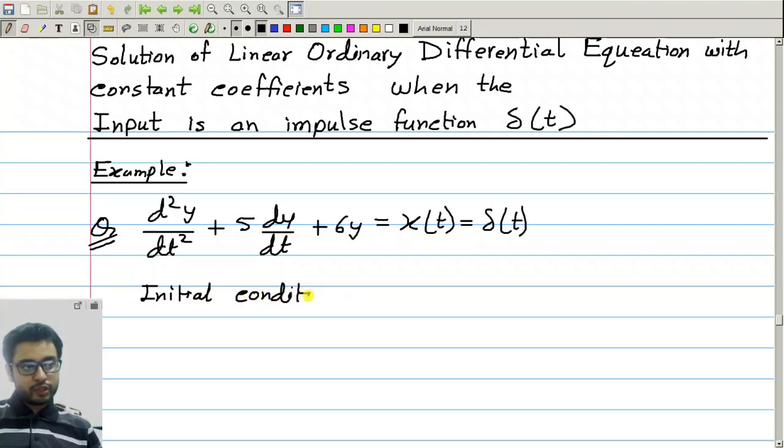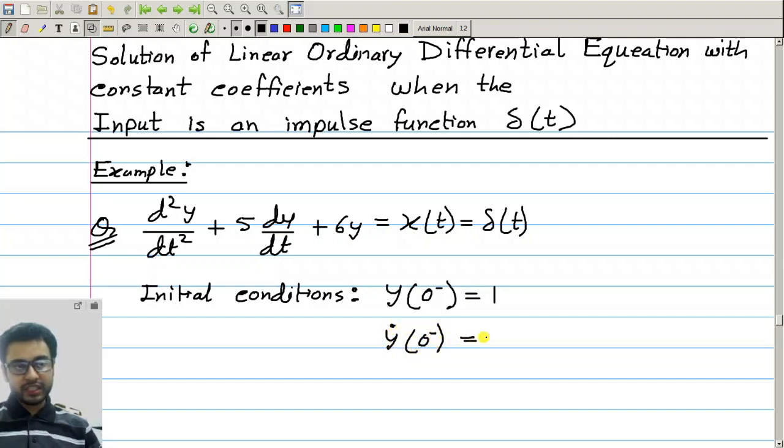We need two initial conditions since this is a second order system, and suppose they are y0 minus equal to 1 say, and y dot 0 minus equal to 2.